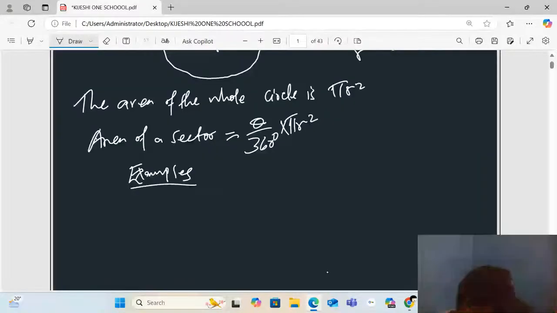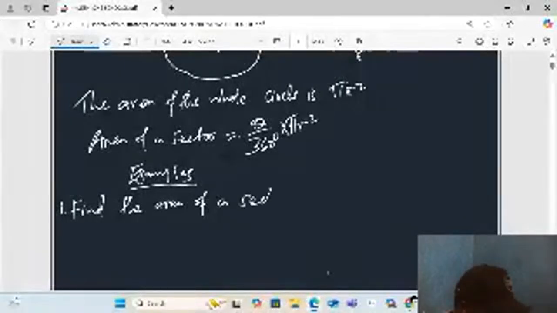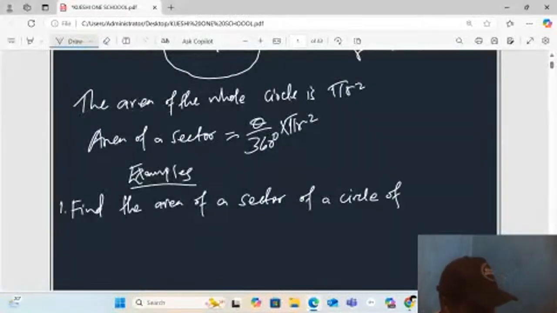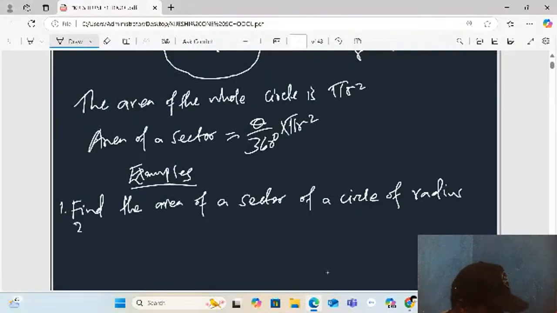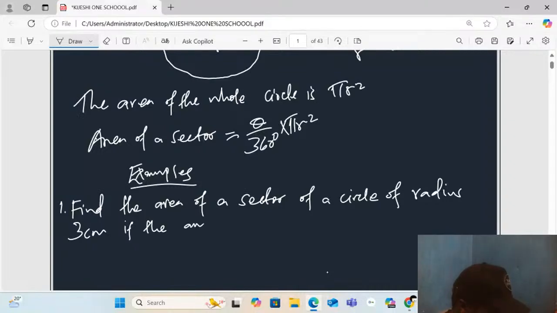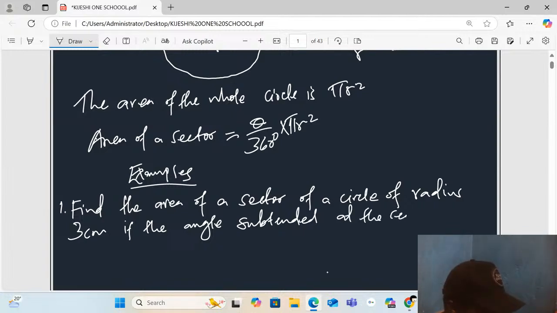We have this one. A sector of a circle of radius 3 centimeters, if the angle subtended at the center is 140 degrees.